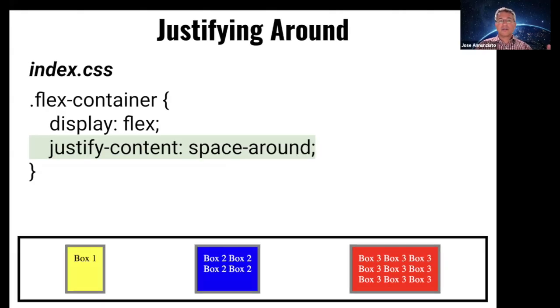Another horizontal justification is space around, and what that does is that the extra white space that is available is equally distributed around each of the elements. So for instance, this white space here is the same white space here, is the same space around the three boxes.